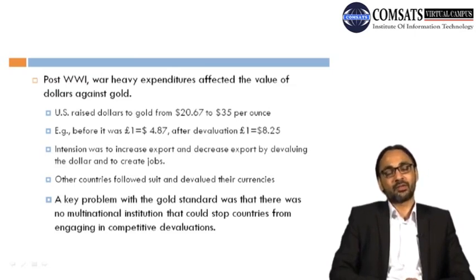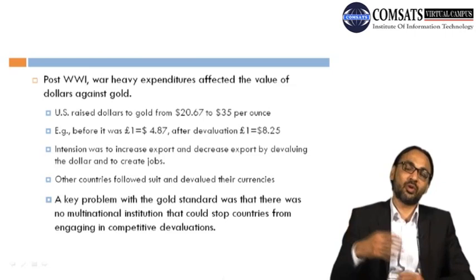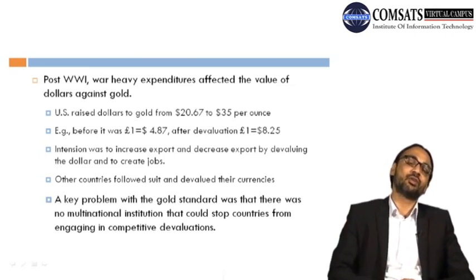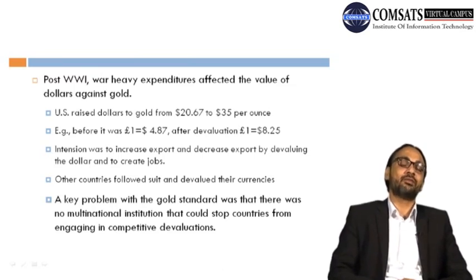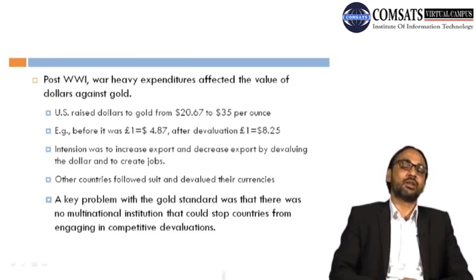But the problem was that at the same time other countries started to depreciate their currencies as well for the same purpose, to attract investors and increase exports and create jobs within the economy. But the net effect across the globe was negative.